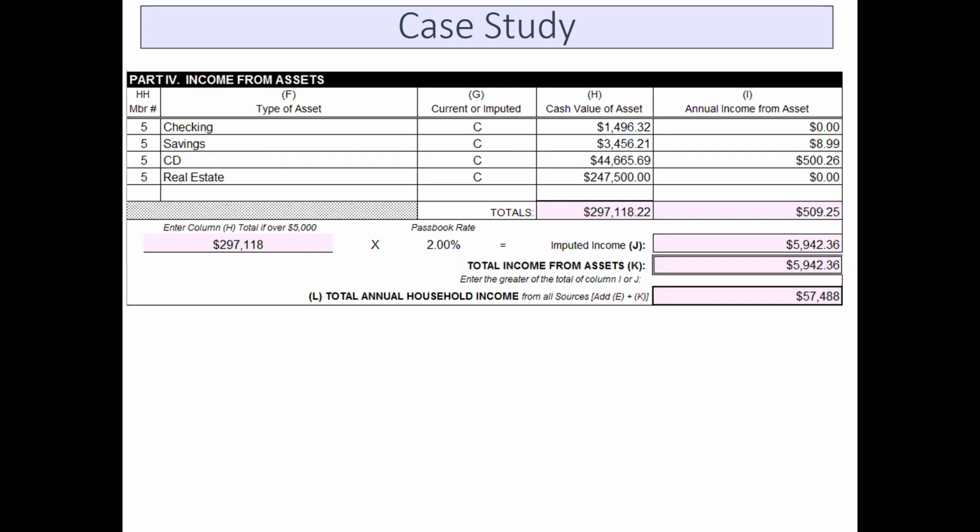So we are in the process of changing that passbook rate to 0.06%. They had changed that a couple years ago, and they said they were going to look at updating it annually, but they haven't made a change since then. So our next HEC that comes out will have 0.06% on there, and we are also updating what's in WBARS, our web-based annual reporting system, to that 0.06% so they'll match.